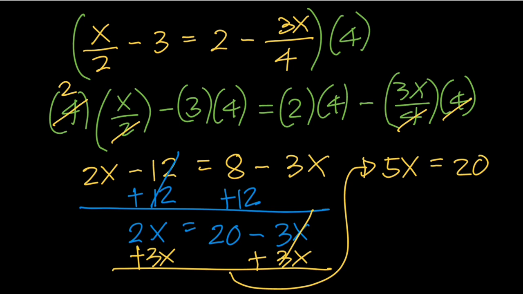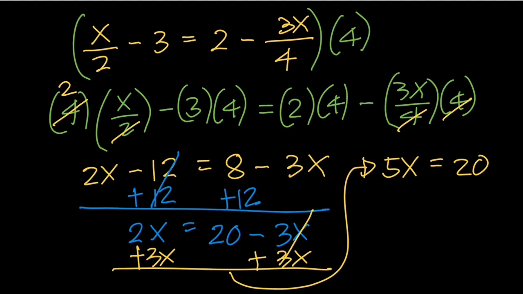Why did I add 12 here on the left and right? To get rid of the 12 on the left, because we need to group like terms. Yeah, you can also do it like that.